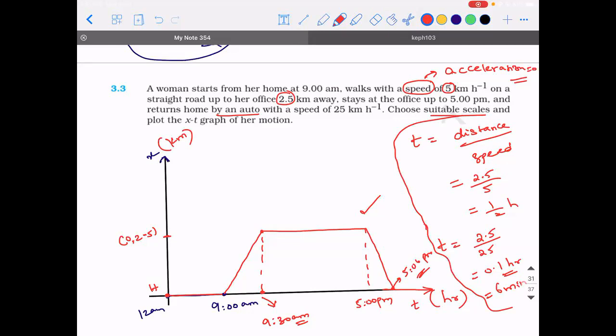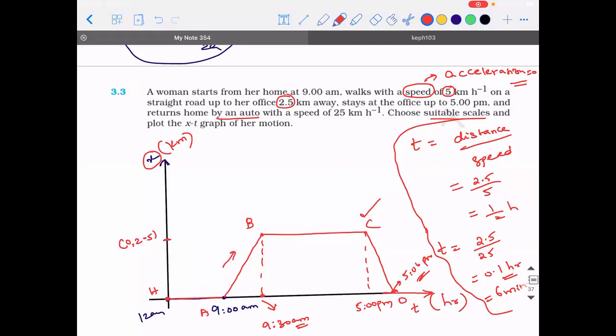Why? Because I am taking the distance to decrease with respect to time. See, this is A, B, C, D. From A to B, the distance has increased. From B to C, displacement is constant. But from C to D, the displacement has decreased. So I'll call it a displacement time graph.